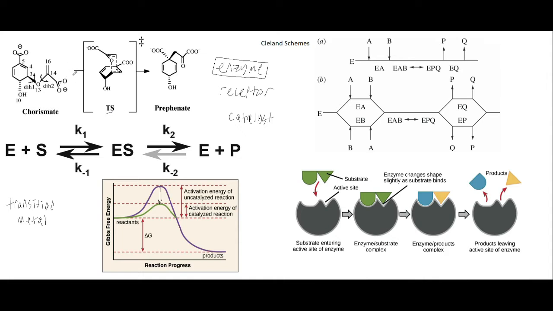So this is from a paper that talks about the enzyme that turns chorismate into prephenate. I've only ever seen that written. So anyway, what's happening is it's breaking this oxygen bond here and binding this to right there.